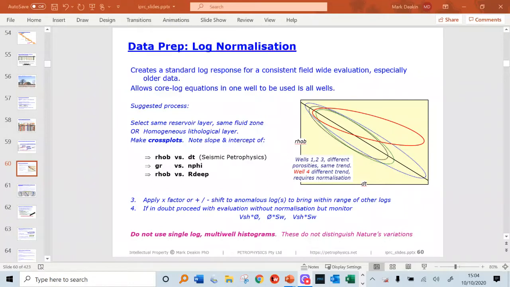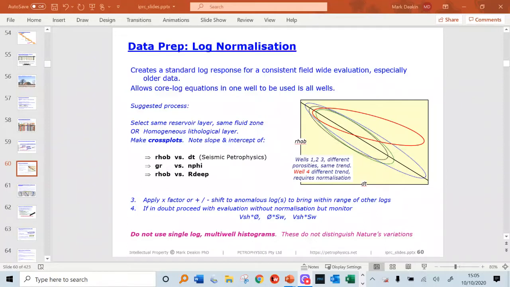Nature varies, right? What I like to do is to use cross plots where you compare 2 highly correlated parameters like RHOB and delta T, or RHOB and resistivity, as long as you're within 1 fluid zone, and then see if most of the wells will line up along that trend.